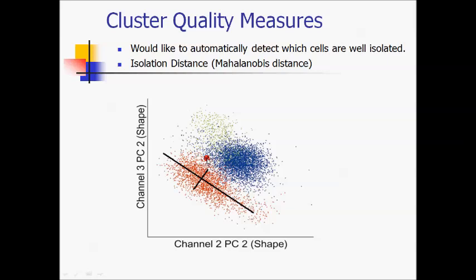But if the point were here, it would be very close to the center of this cluster using this Mahalanobis distance, this variance-normalized distance, because the cluster spreads in this direction. So if there were some other cluster here, there would be a high chance that we could misclassify spikes. But because this cluster is here and the other clusters are there, it seems like this cluster has pretty good separation from other clusters.